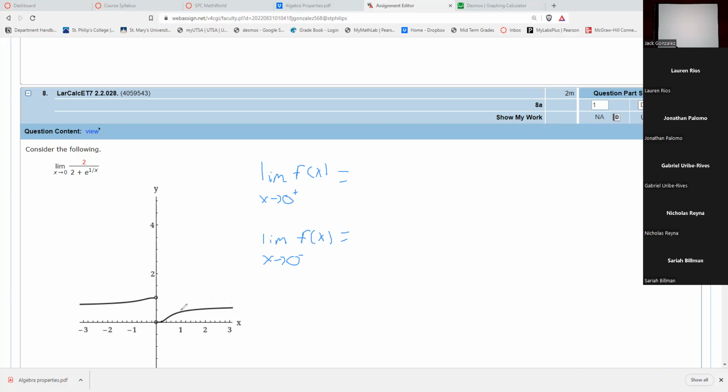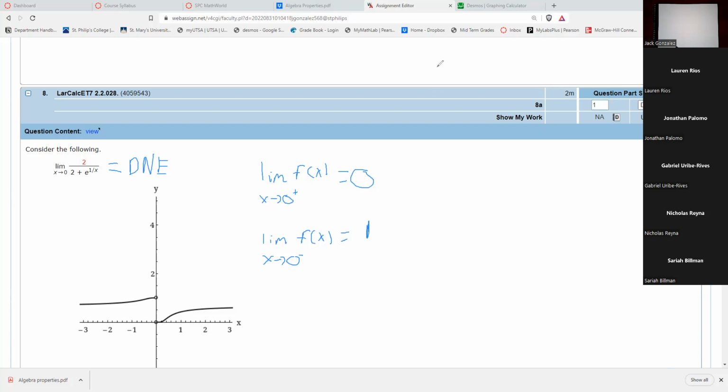See from the right side, the y value is going down to, it stops right before, right? It's approaching. Yeah, 0 from the right and 1 from the left. Exactly. So now that you found the left and right sided limits, does the actual limit exist? No, because they're not the same, right? So you just put simply, it does not exist.